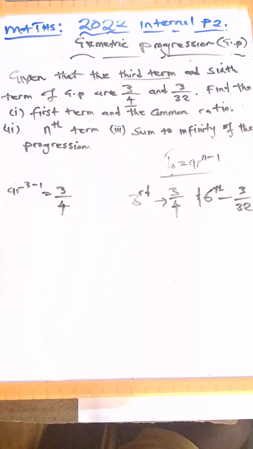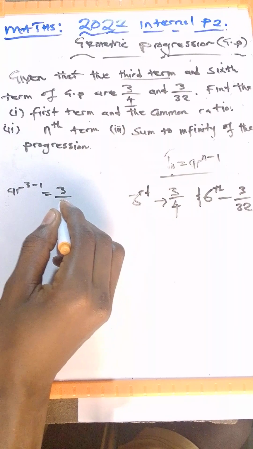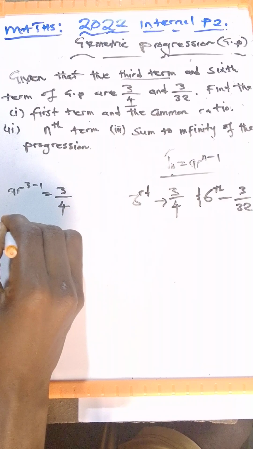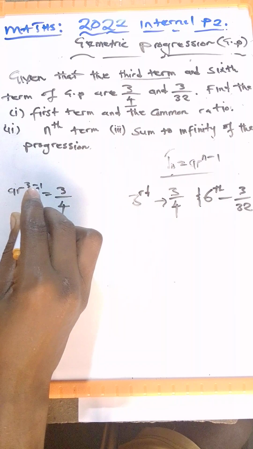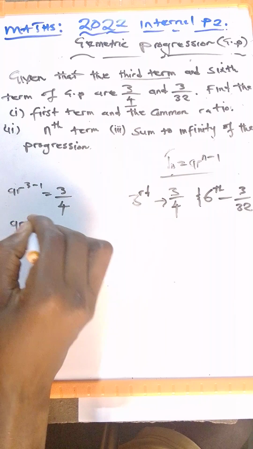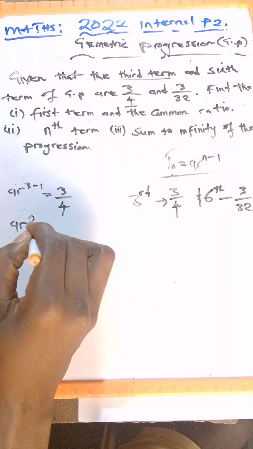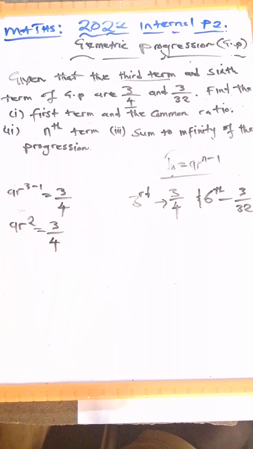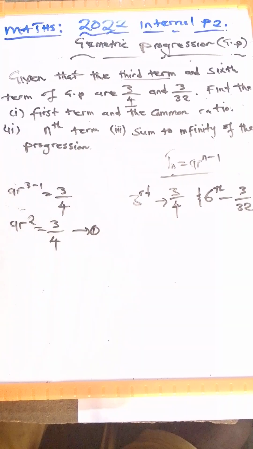So this is the first part of our equation. To simplify, we have ar to the power 3 minus 1, which is 2, equal to 3 over 4. So this is our first equation.